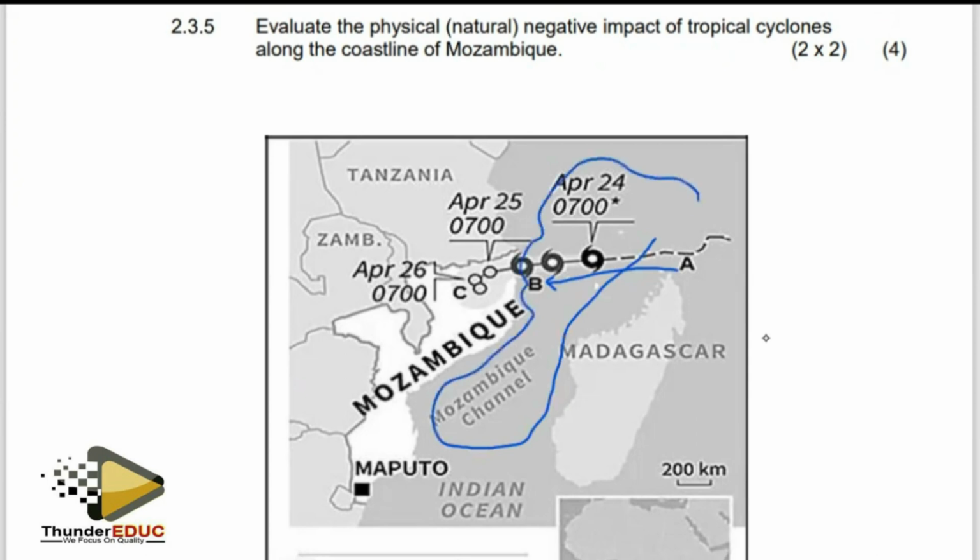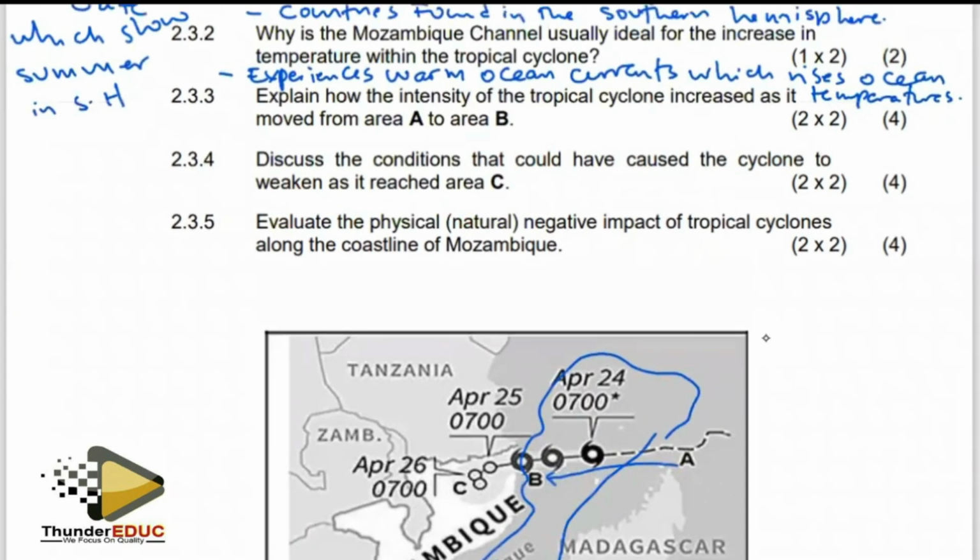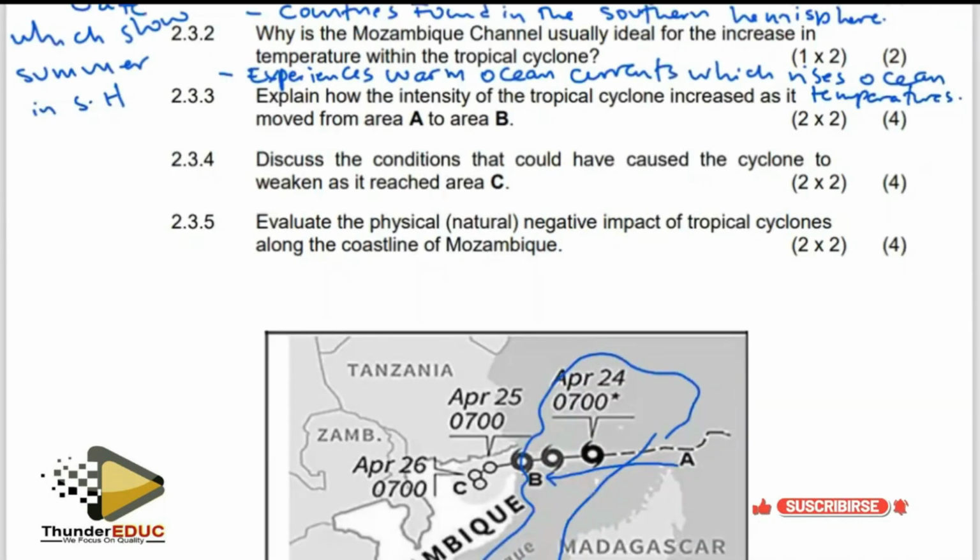So we have to explain how the intensity of the cyclone increased. Okay. That is question 2.3.3.